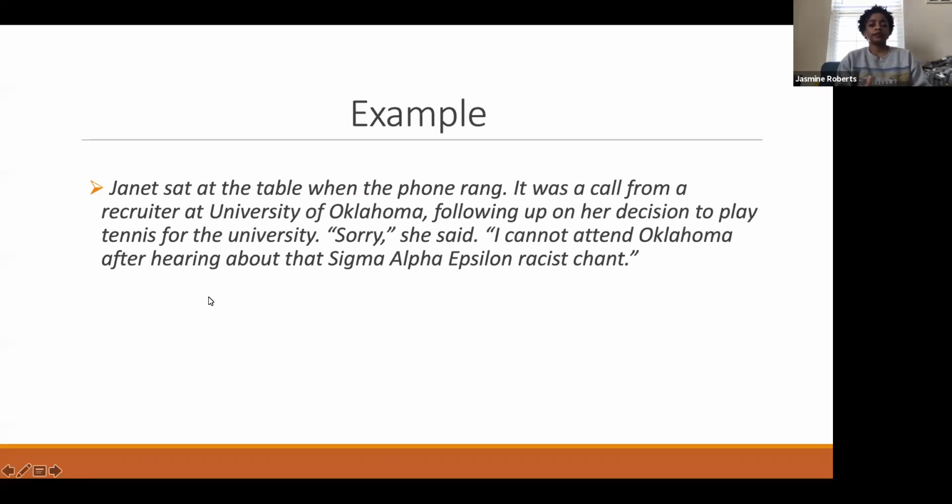All right, so read this example feature lead, and tell me in the chat whether or not you think it's an example of a descriptive lead or an anecdotal lead.